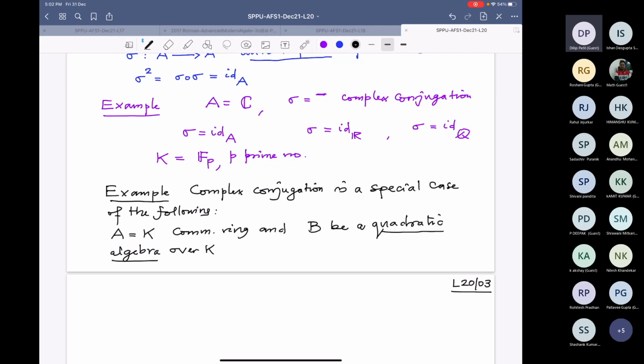So what does that mean? That means it is a free algebra. But let me ask you first, everybody is clear about when one says algebra over a commutative ring? Definition I'm asking.